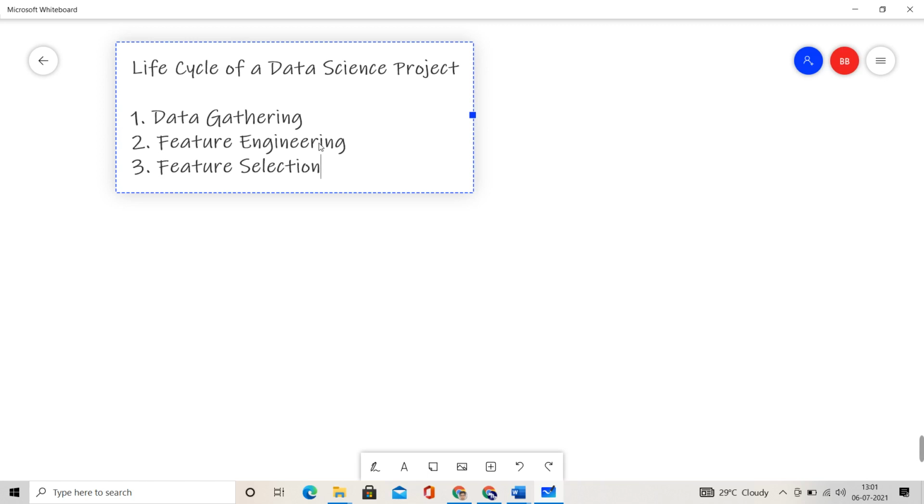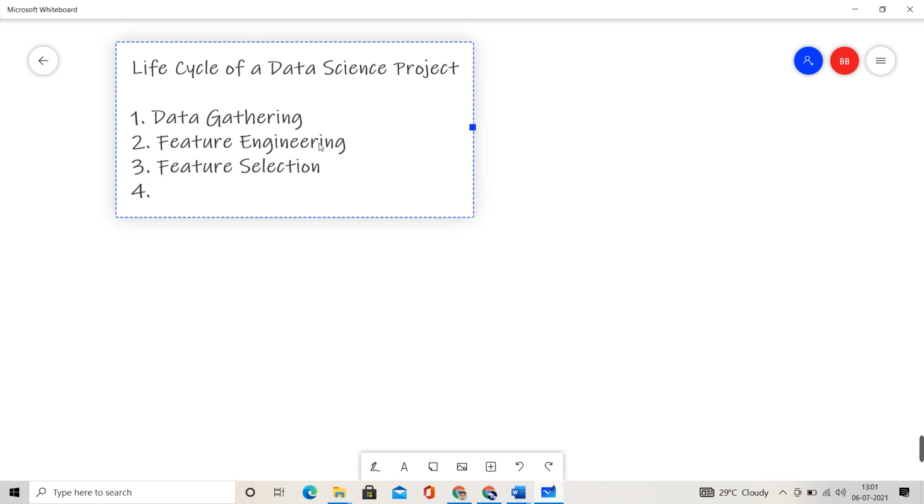So there are different ways by which we do this. We have multicollinearity. We can go for different tests like chi-square test, Pearson correlation test, heat map, and there are various other tests. So this is about feature selection.